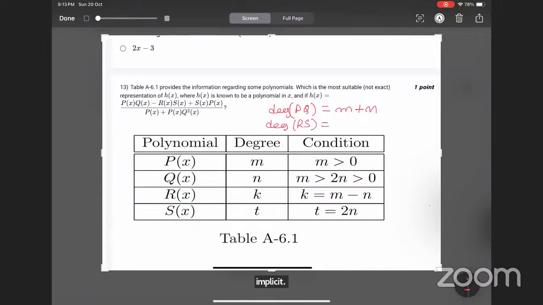A plus T. And in terms of A, M and N, A means M minus N and T means 2N, right? So it will again be M plus N. And what is the degree of SP? M plus 2N. So what will be the degree of this portion, PQ minus RS plus SP?